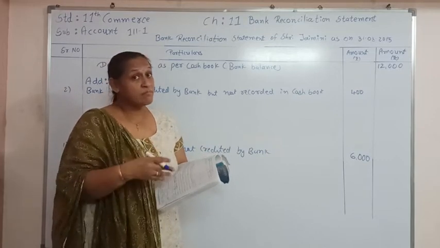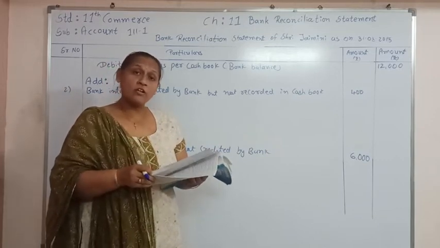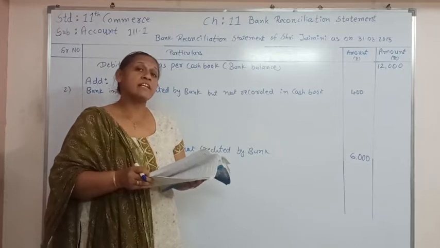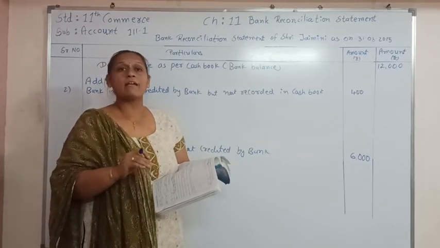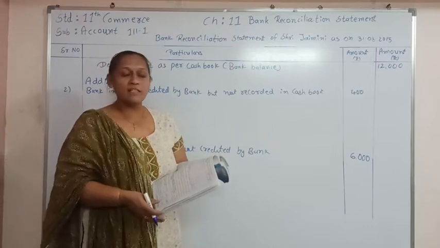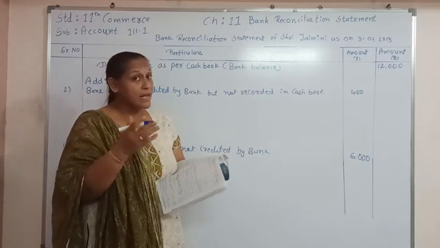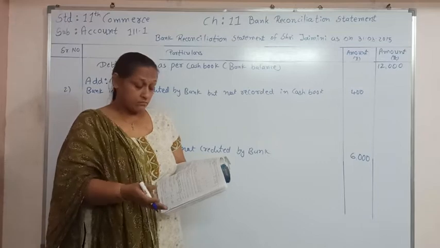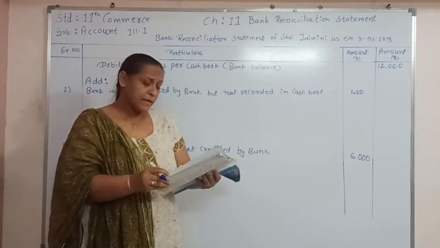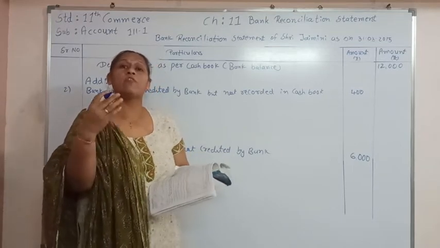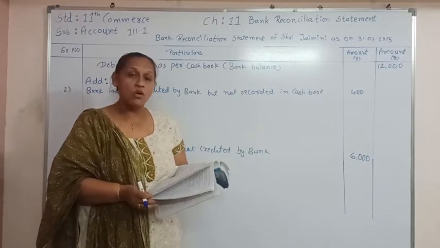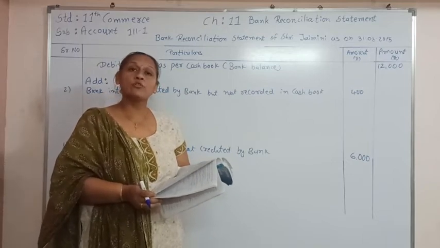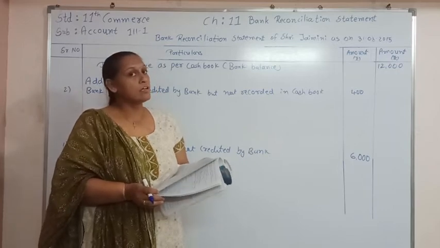But the same check the bank yet not presented in the bank. So bank balance won't be less. So bank balance will be more by that much amount. So here bank hasn't made the payment. So what we have to do? We have already deducted. So we have to add it in our cash book. So for that we are going to add in our BRS.